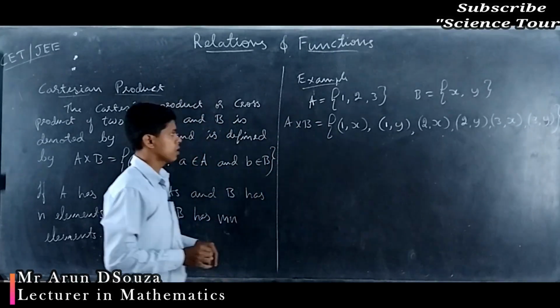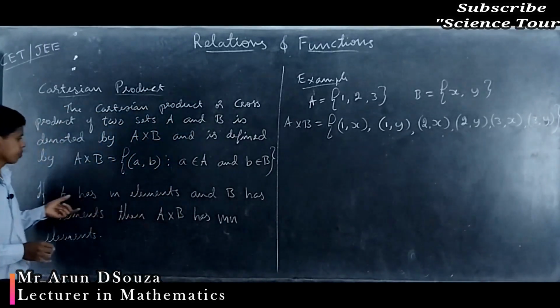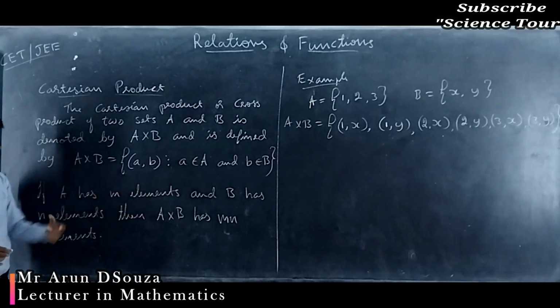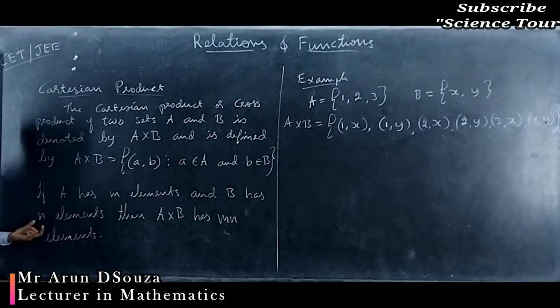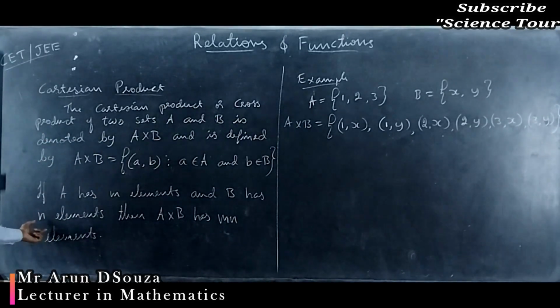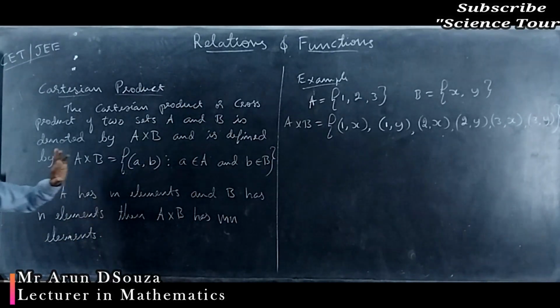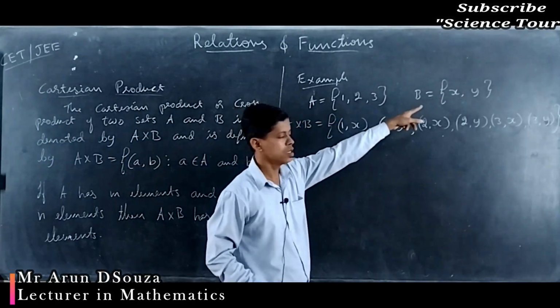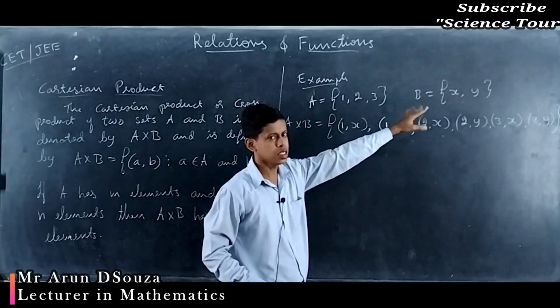Now come to the next point. If A has m elements and B has n elements, then A cross B has mn elements. So what is m here? It is 3, and B has n elements, that is 2.